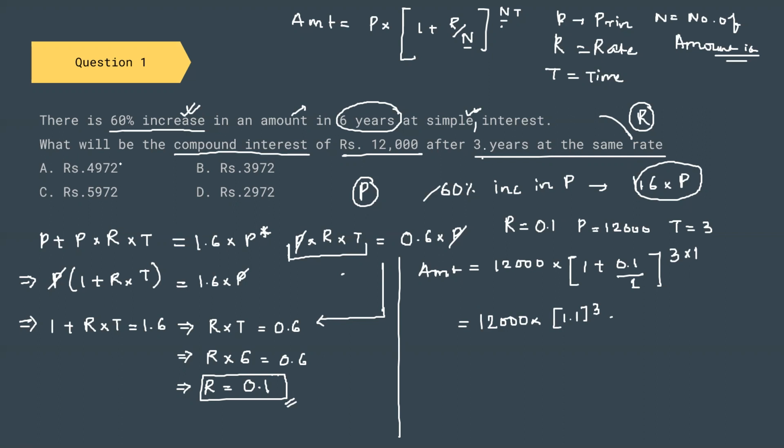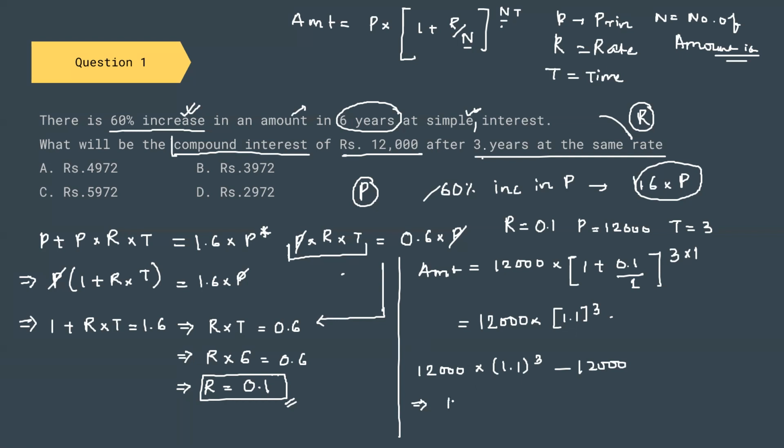But in the question, they have asked us to find the total compound interest. So they want to know the total amount of interest that we have received after 3 years. So it will be 12,000 into 1.1 cube minus 12,000.